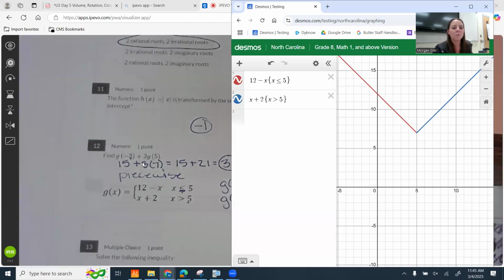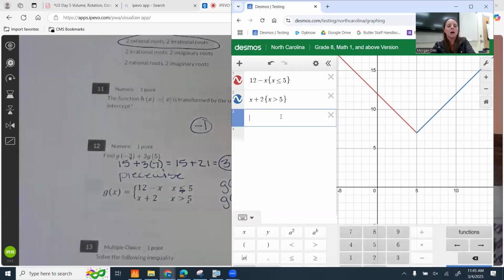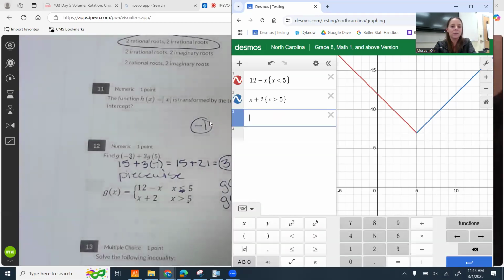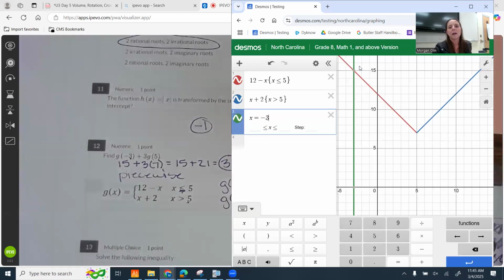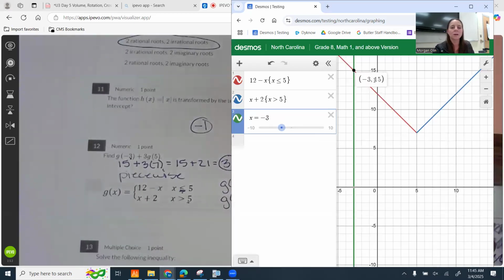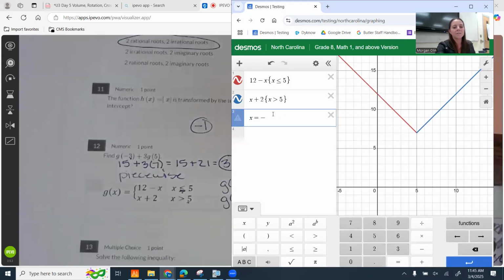So here I wanted to find g of -3. So I go where x is -3. As long as it's not that value that you see in the inequality, you can do x equals -3, and you can find where it crossed. Did you see where we got 15? Well, you can see the 15 right here as well. Now, g of 5 is a little misleading.